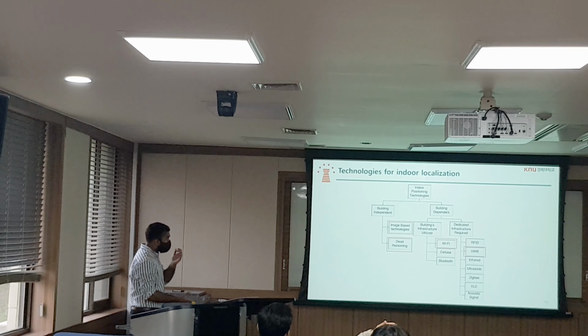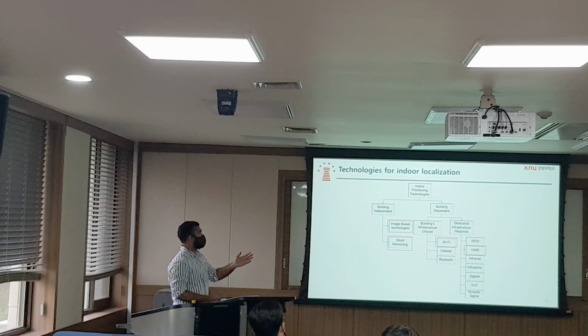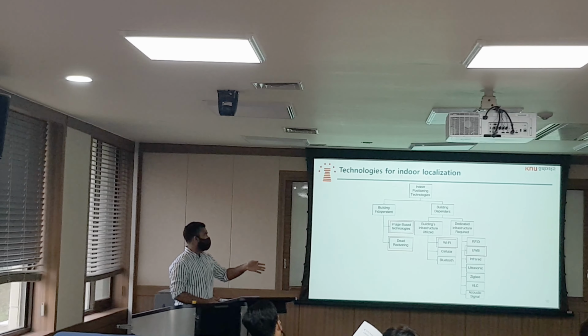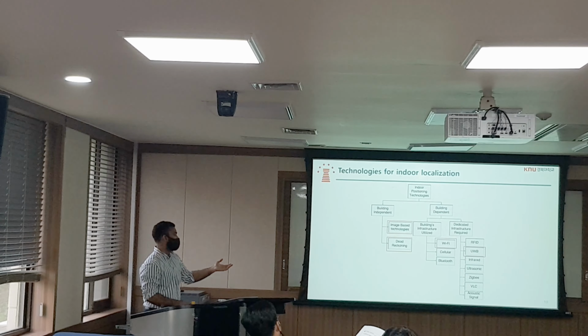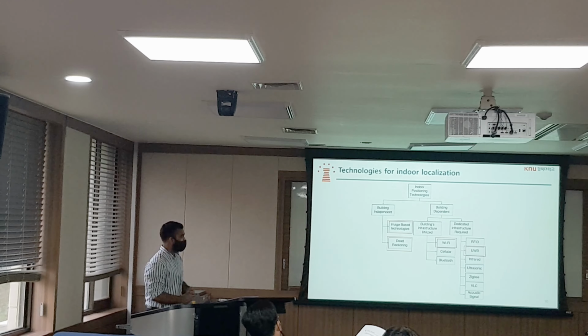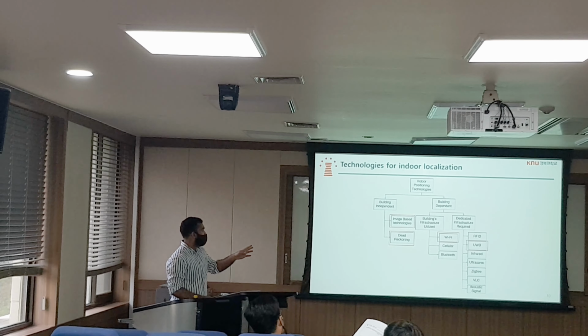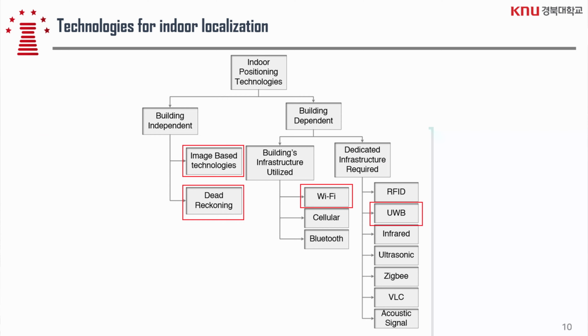So when we start with indoor localization, the localization is divided into building independent and building dependent. In building independent, we have image-based technologies and dead reckoning, which is basically IoT sensor based technology. And building dependent uses building infrastructure or dedicated infrastructure.